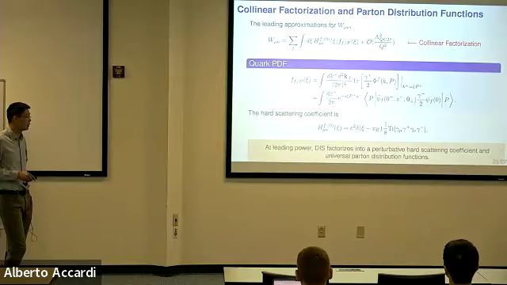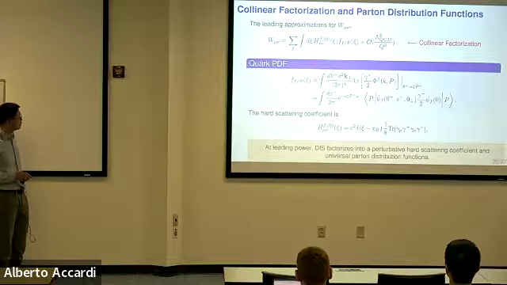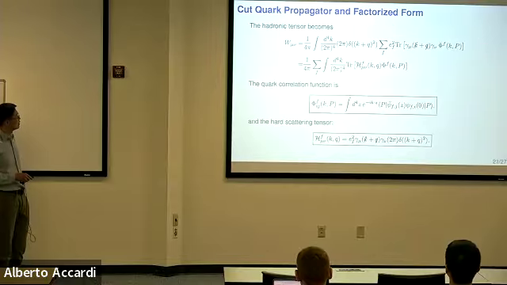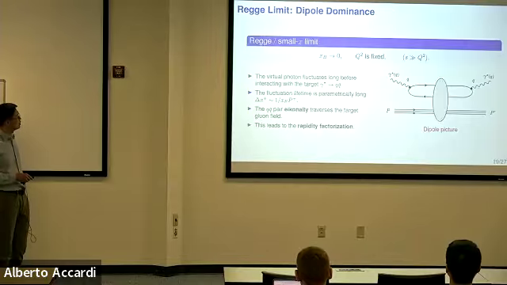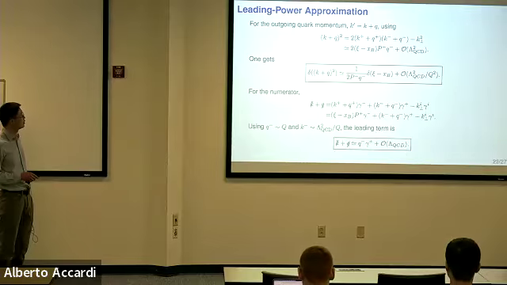So the predictive power is far beyond deep inelastic scattering. That's the power of collinear factorization, at least at this leading order in the hard scattering process, we have this factorized form.